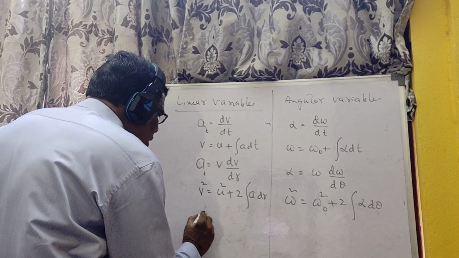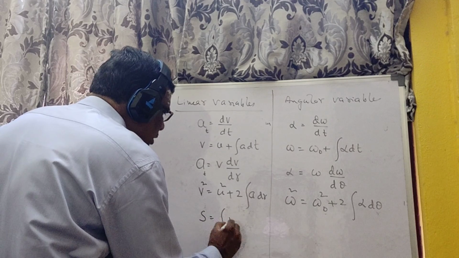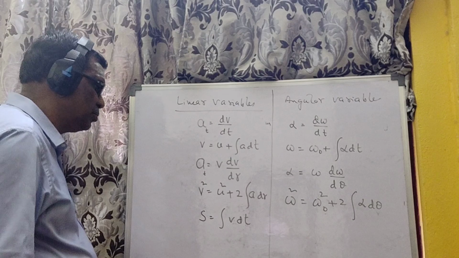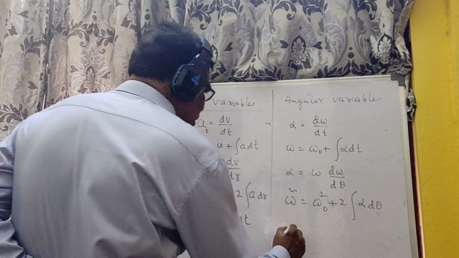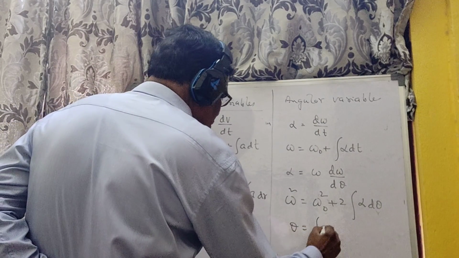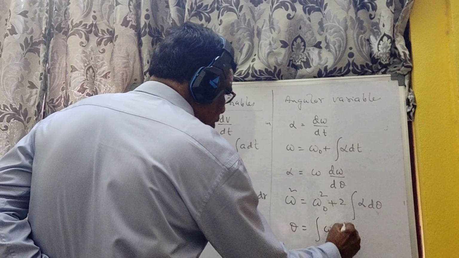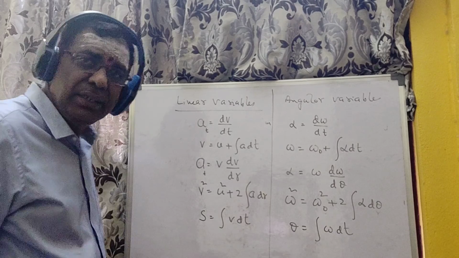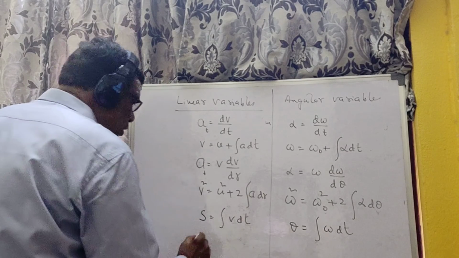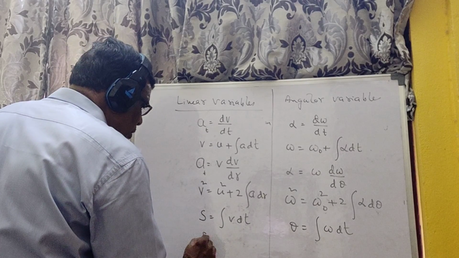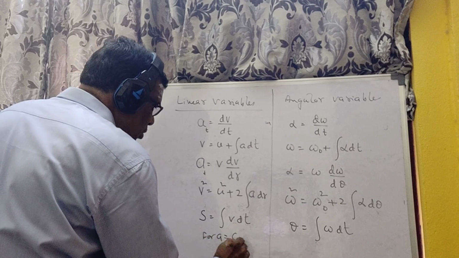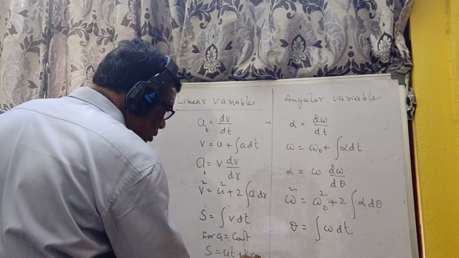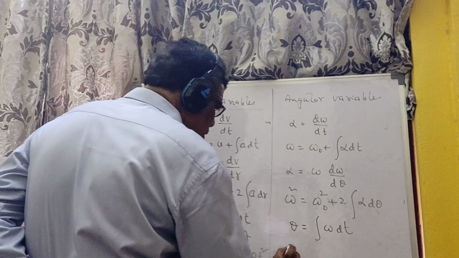And the other one is S is integral, say, v dt. How do you write here? Theta is equal to integral omega dt. And if A is a constant quantity, for A equal to constant, S is ut plus half at square.